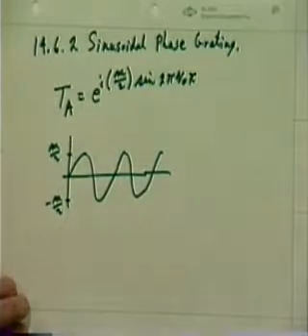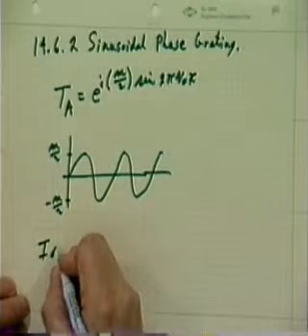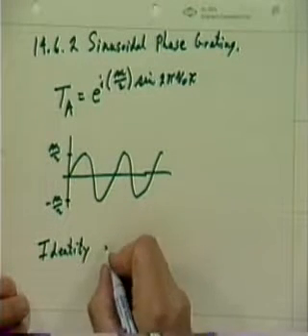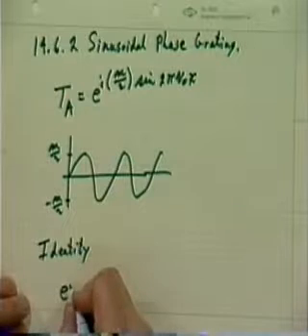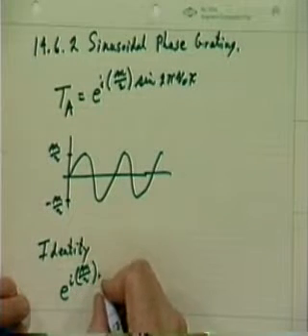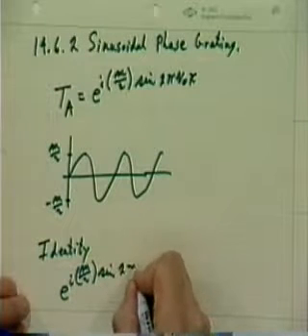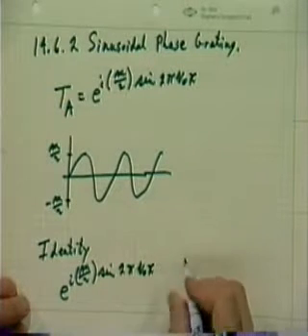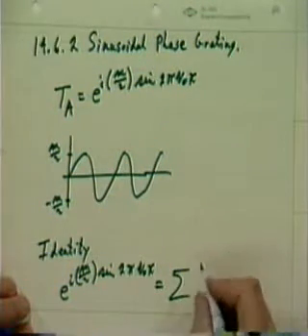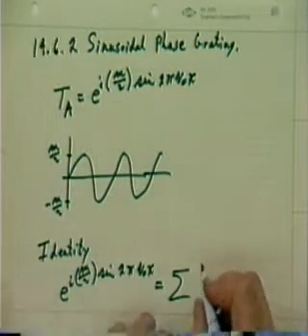So anyway, to solve this, there's an identity that we use, which is that e to the i, m over 2, sine 2 pi nu naught x is equal to a series of Bessel functions.